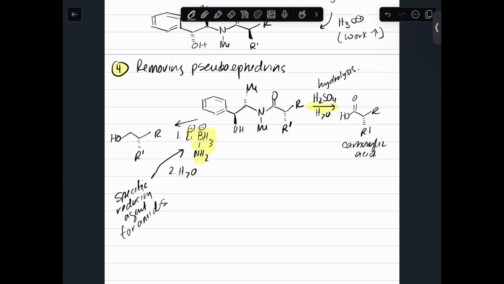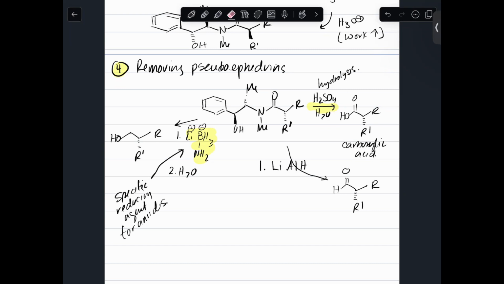You can also reduce them to aldehydes by using the following reducing agent.